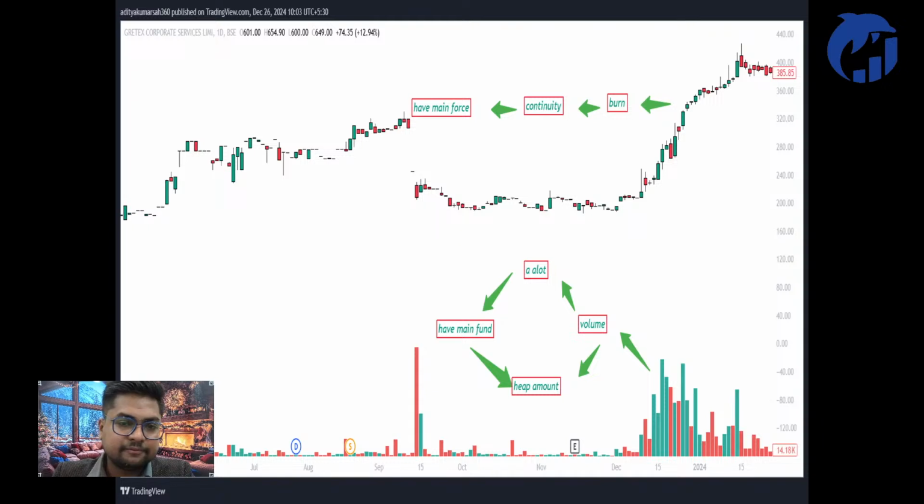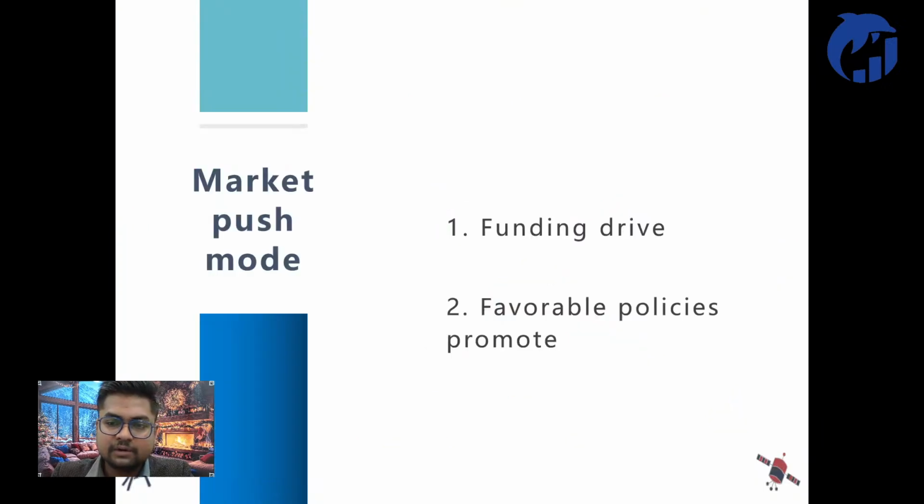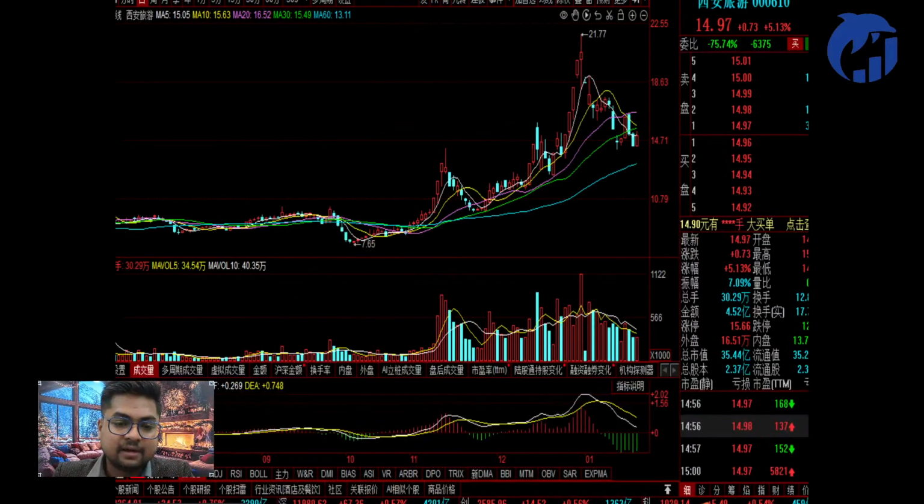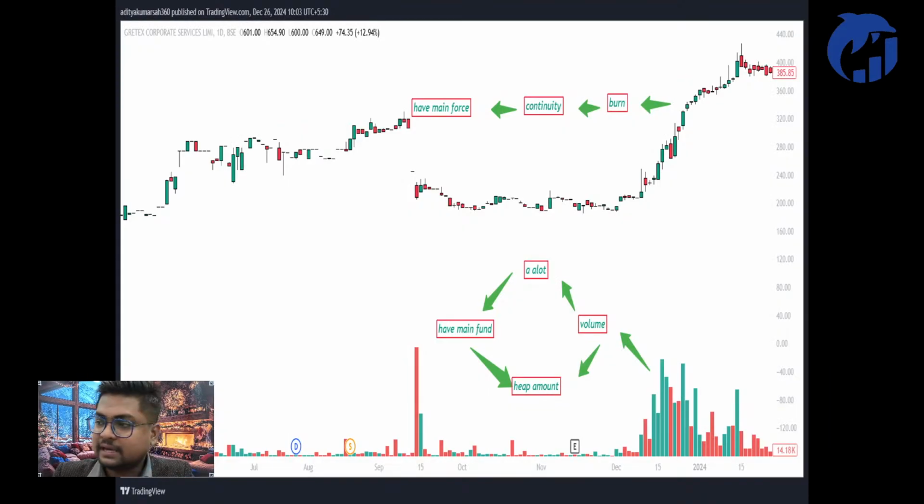In terms of the PPT, just look here. What was pushing the market? The funding drivers and the favorable policies are pushing the market. Market push mode is driven by funding drive and favorable policies. Just look at the levels we are trying to make you understand. Here there is a burnout, and continuity is shown from this level to this level.